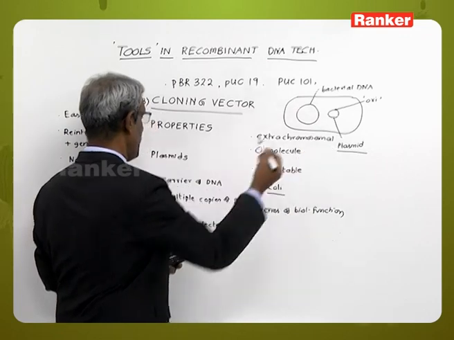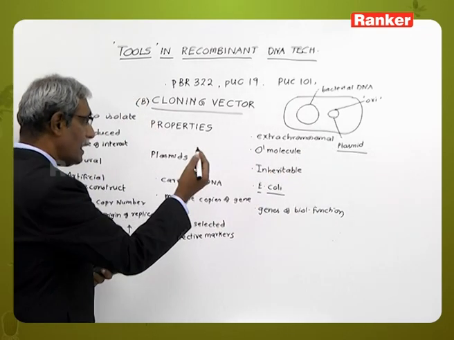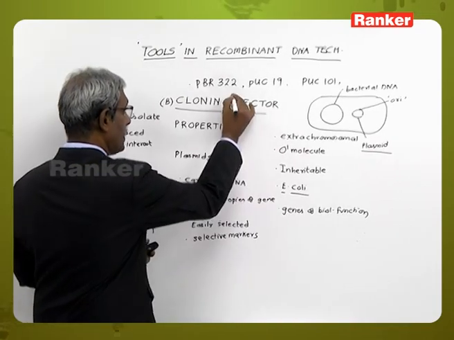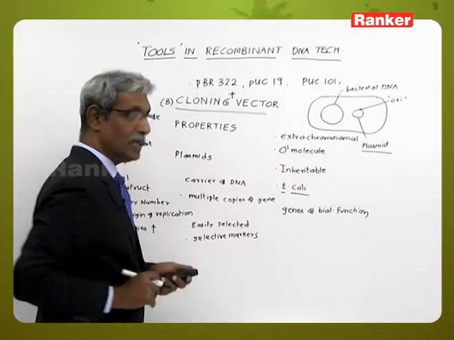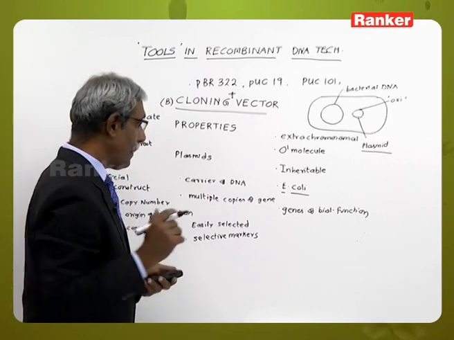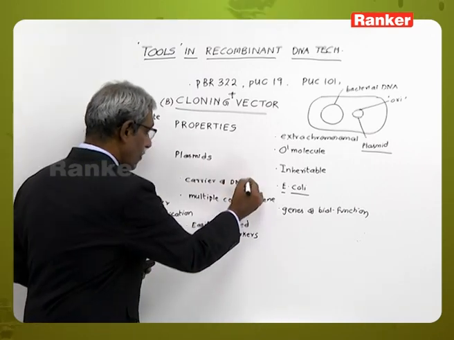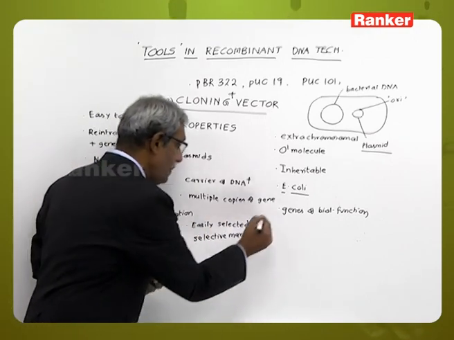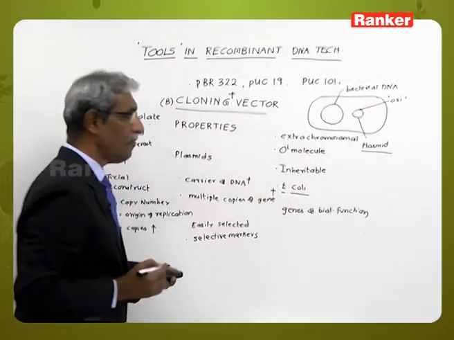Now, when you take a particular plasmid, what are the characters of the plasmid? First thing is, the plasmid is the cloning vector, and the plasmid primarily is a carrier of the DNA. It can make multiple copies of your gene of interest.